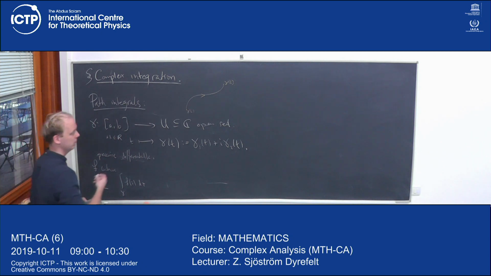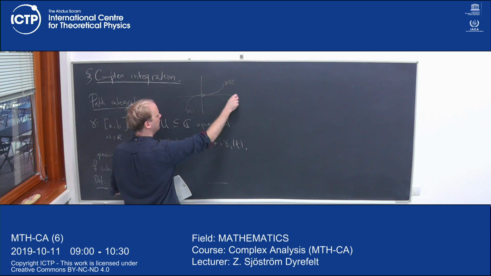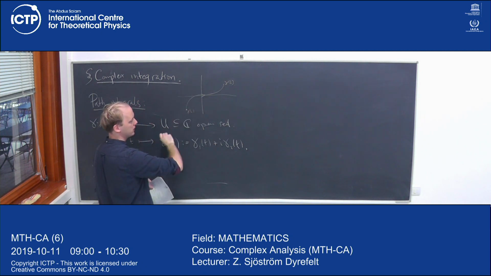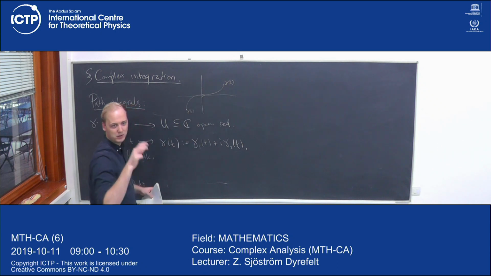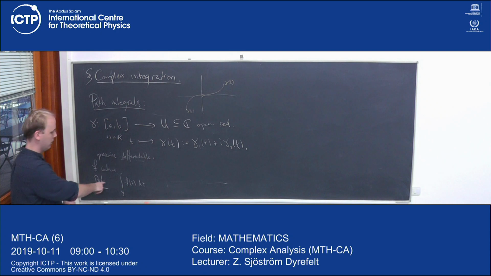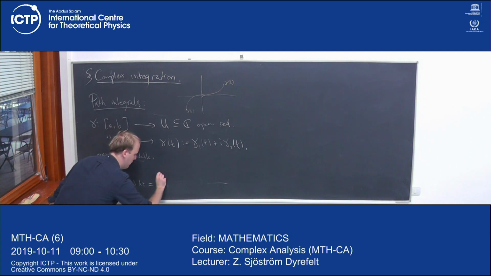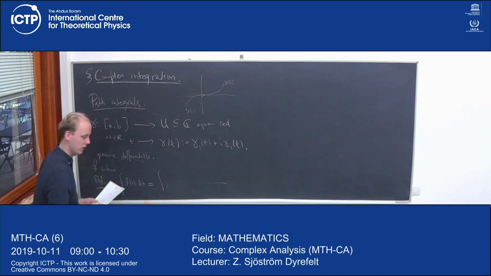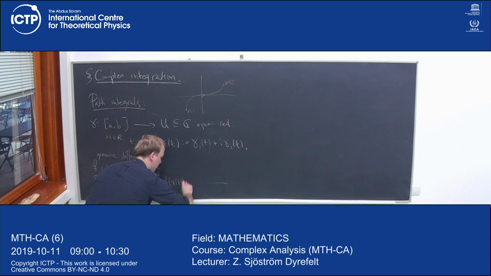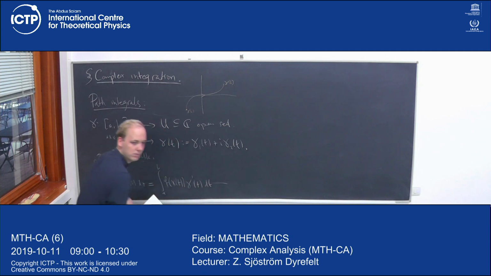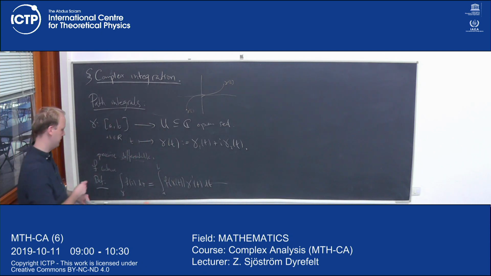This is inside the complex plane, and I'm going to look at the function values at each point, and of course integration is a continuous form of summation. If you remember when you did path integrals, the definition is this: the integral from a to b of f of gamma of t, times gamma prime of t, dt. This is the definition.